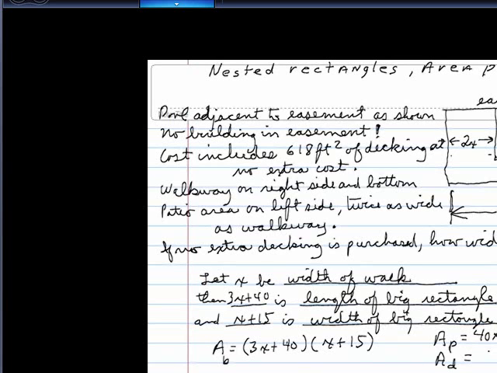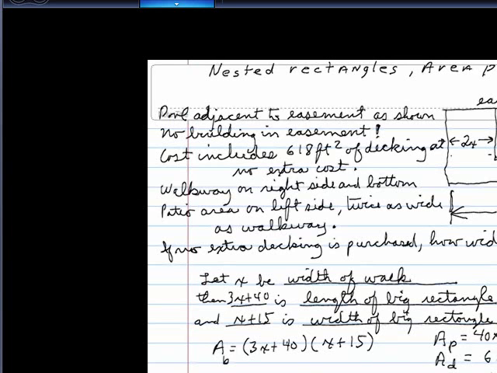The area of the decking is 618 square feet. That's given to us in the problem. So that means, since the big rectangle is composed only of the pool and the decking, that the area of the big rectangle, area big, has to be 600 plus 618, which is 1218 square feet.